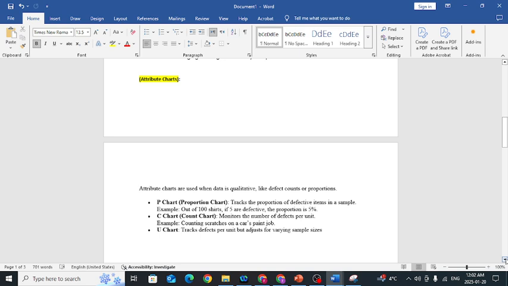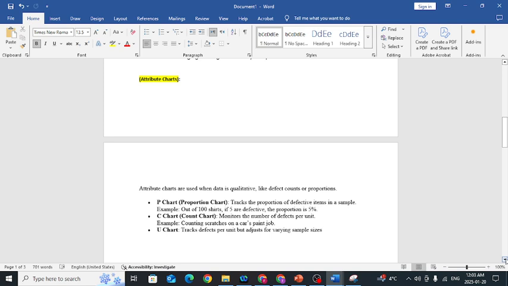So, the P chart, or proportion chart, tracks the proportion of defective items in a sample. For example, out of 100 shirts, if 5 are defective, the proportion is 5%. The C chart, or count chart, monitors the number of defects per unit.